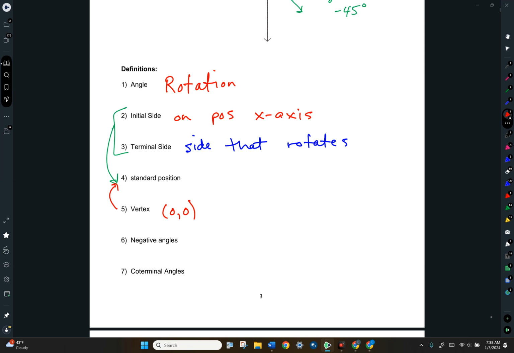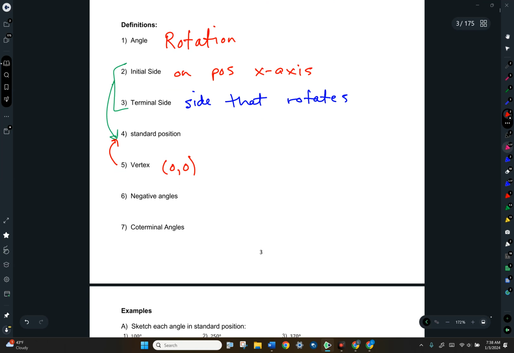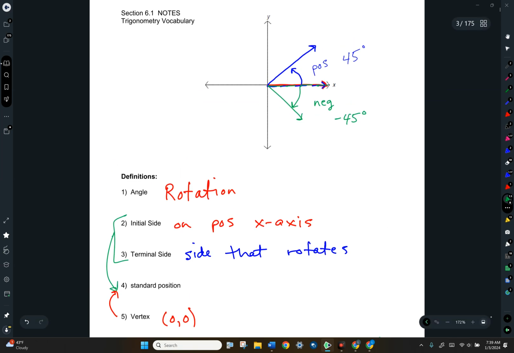Okay, so we talked about negative angles, but let's actually write this down. So negative angles is if the angle rotates, and I'm going to say rotates down, but most textbooks would say that is a clockwise direction, right? Because if you think about it, the hands on a clock tick around this direction, right?